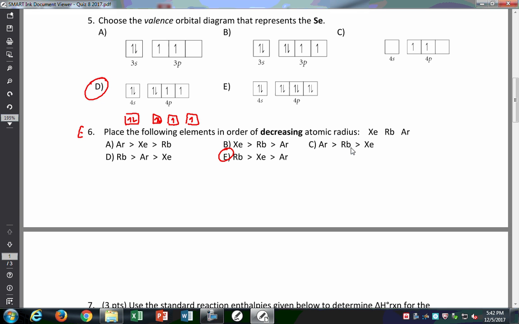But the electronegativity is coming from the fact that we have more protons in the nucleus as we go across. So that's why electronegativity increases going across, because we have more effective positive nuclear charge. And remember, our electrons are attracted. The main thing in most of chemistry is positive charges and negative charges attract each other.